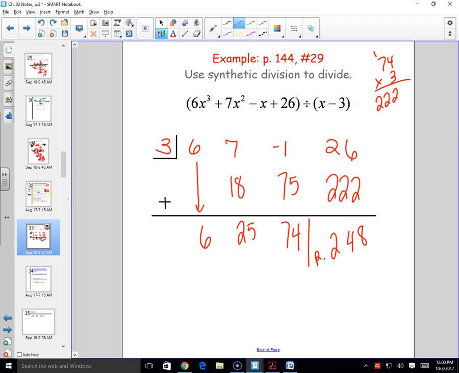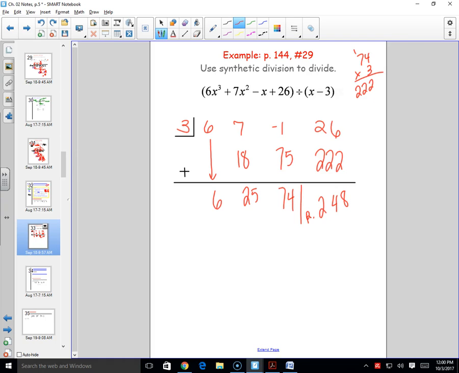So my question to you is, does x minus 3 go evenly into our polynomial? The answer is no. This shows us it doesn't go in evenly. That's good. It shows us a couple things. If we take 6x cubed plus 7x squared minus x plus 26 divided by x minus 3, how would we write this answer? 6 and 25 and 74?